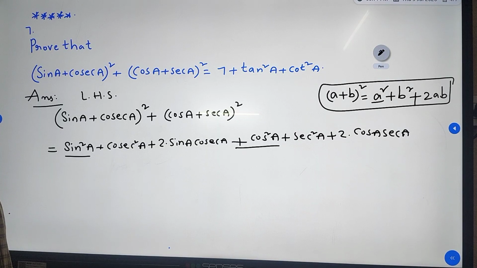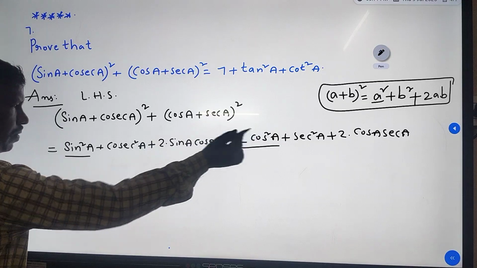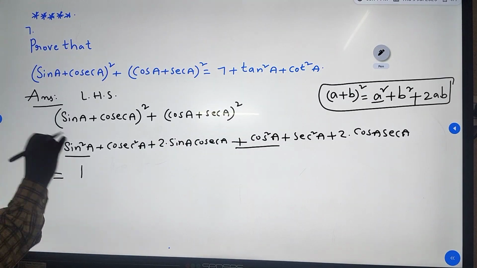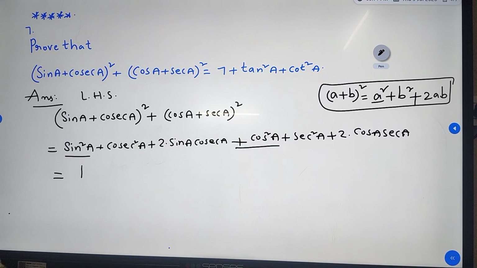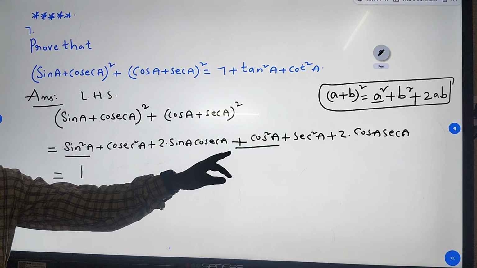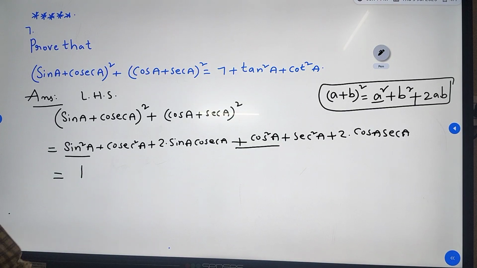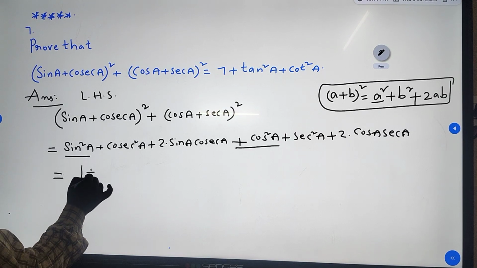Sin square theta plus cos square theta equals 1. Same, sin square A plus cos square A equal to 1. Very good. Next, sin A into cosec A. Formula: sin theta into cosec theta equal to 1. Very good.